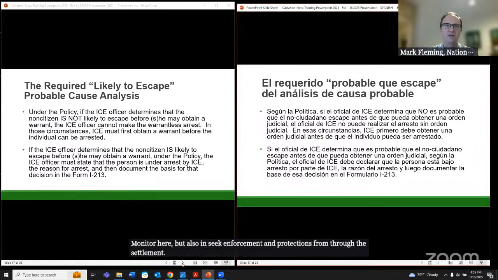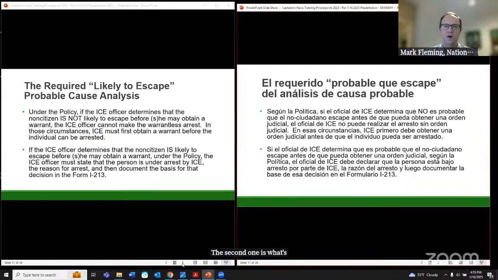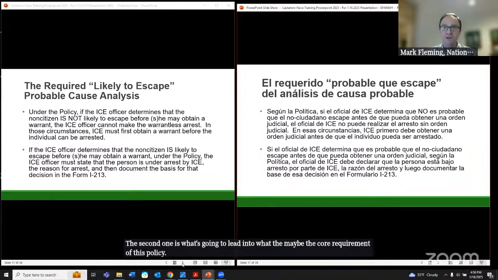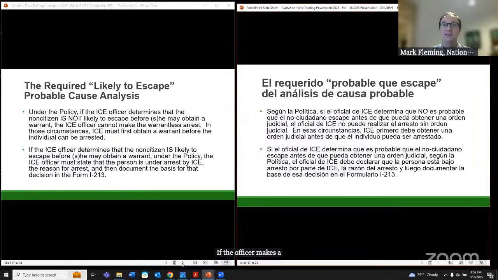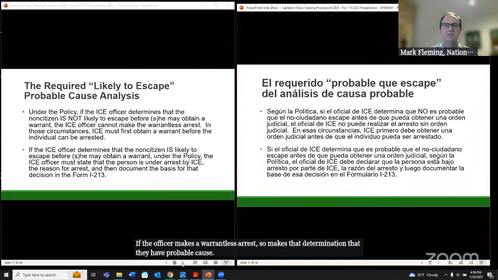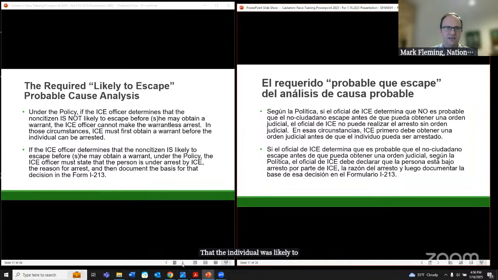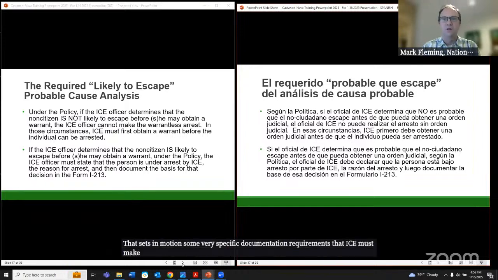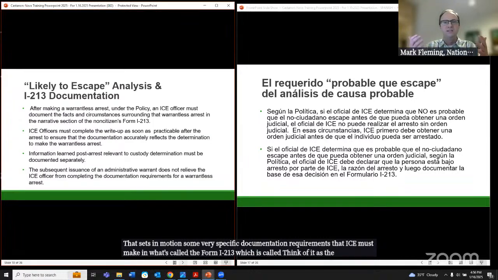The second one is what's going to lead into maybe the core requirement of this policy. If the officer makes a warrantless arrest, so makes that determination that they have probable cause that the individual was likely to escape before a warrant can be obtained, that sets in motion some very specific documentation requirements that ICE must make in what's called the Form I-213, which is, think of it as comparable to a police record form.